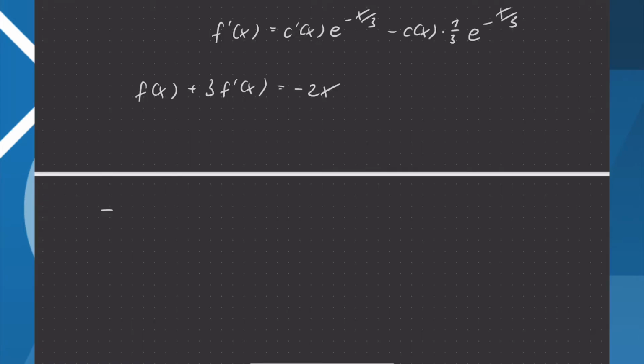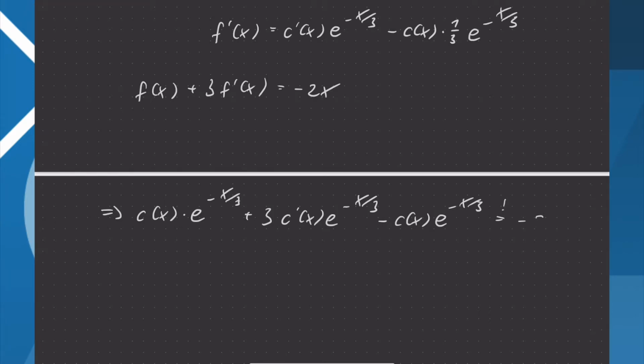If we substitute that ansatz here into our differential equation, what we get is f, that is c of x times e to the minus x over 3, plus 3 times c prime of x e to the minus x over 3, minus c of x e to the minus x over 3 equals minus 2x.